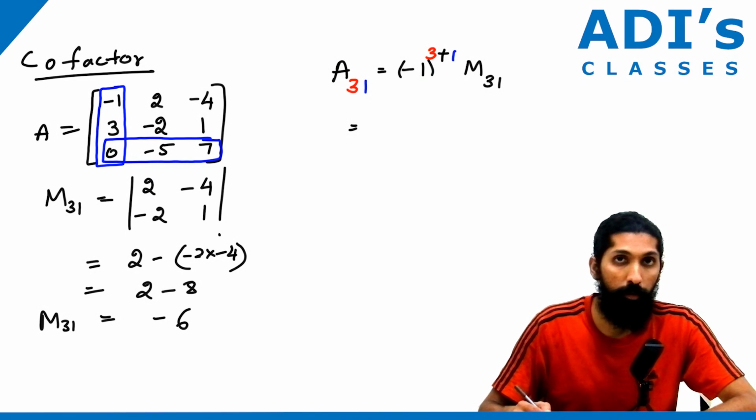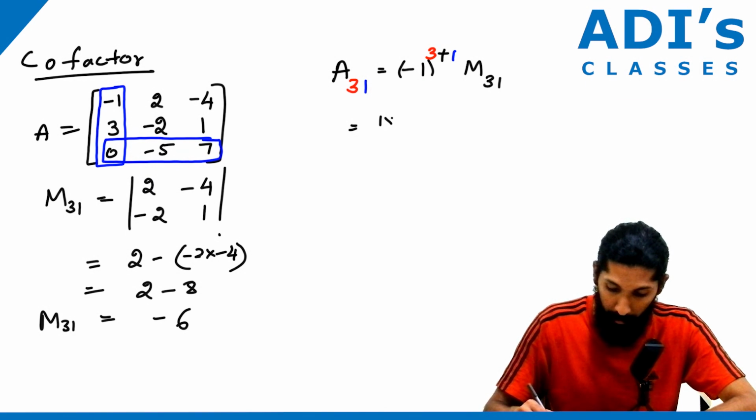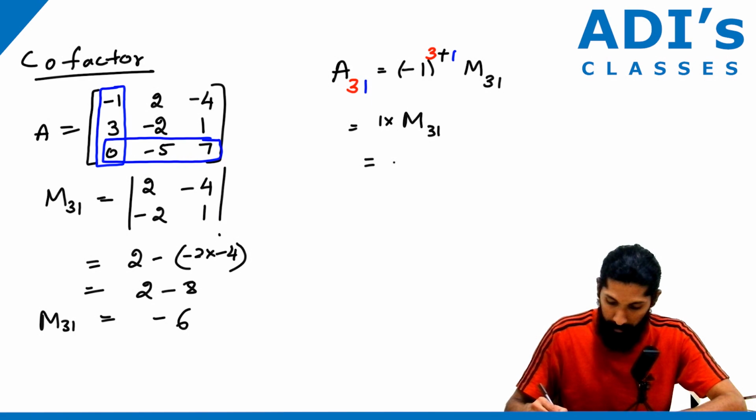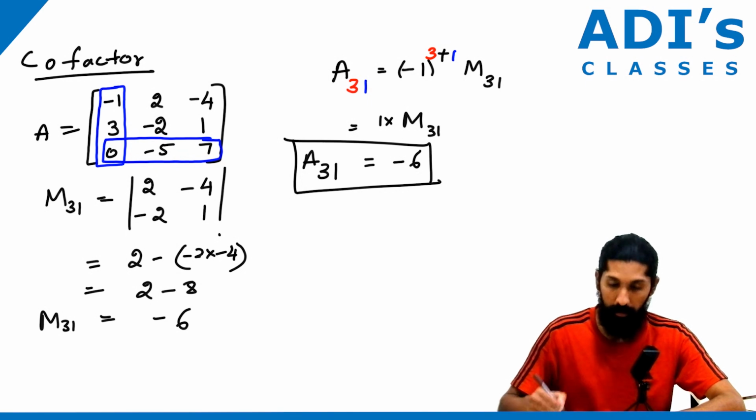What is minus 1 power 4? It is 1. So this becomes just 1 into m31, which is the value minus 6. So the cofactor of 31 is just minus 6.